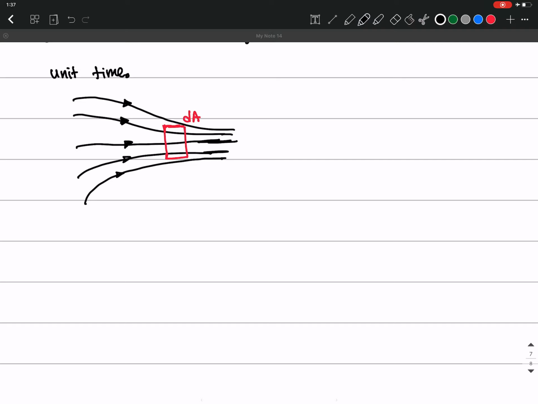So I'm going to first zoom here. Let me define it a little bit differently so you better understand. So it's an arbitrary shape, right?